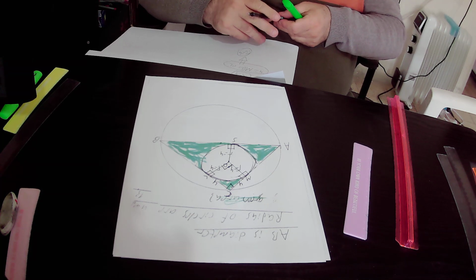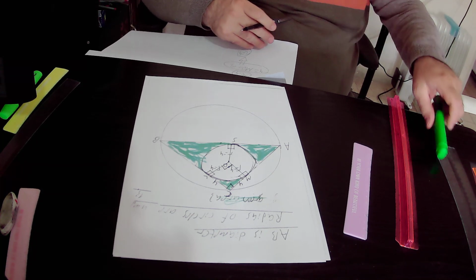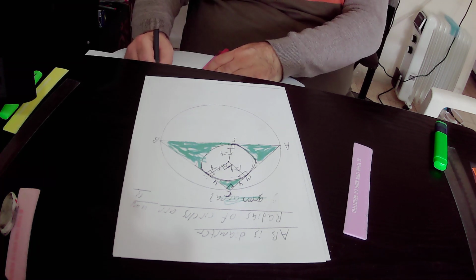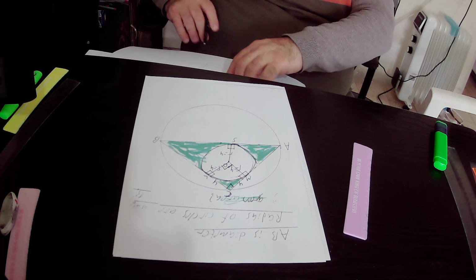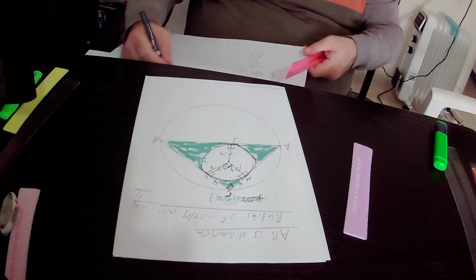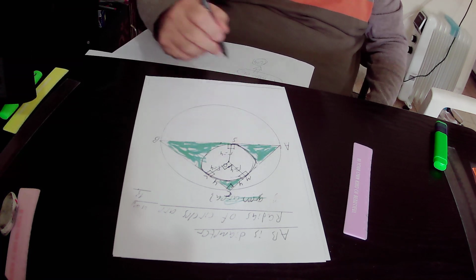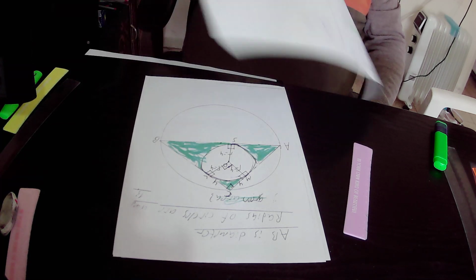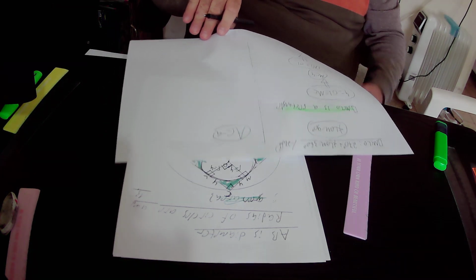In the next step, we will define side AC of triangle ABC as A. So AC equals A according to our definition.